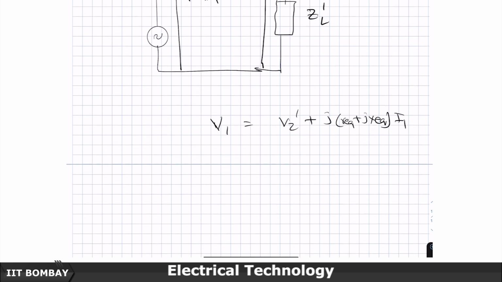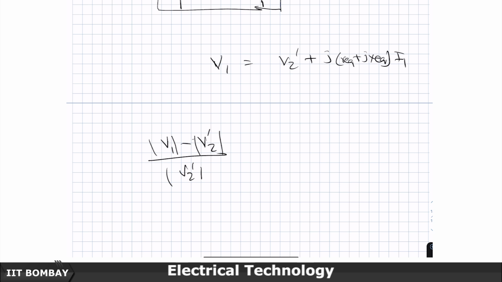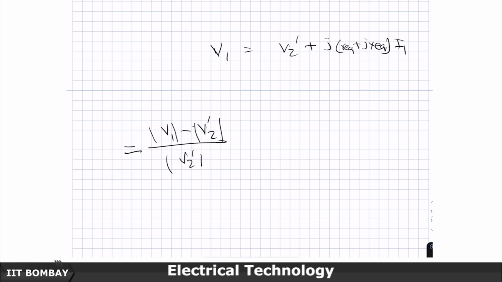Now, this parameter, magnitude of V 1 minus magnitude of V 2 dash divided by V 2 dash, into 100, is called the voltage regulation in percent of the transformer.